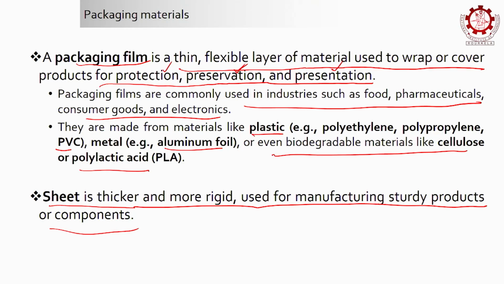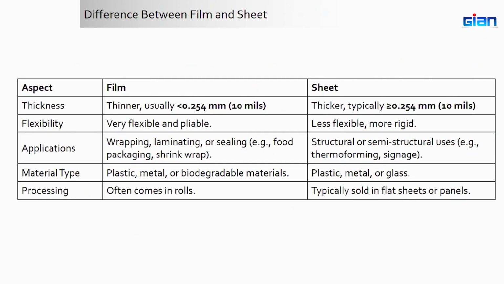So this is a packaging film and a sheet. What is the difference between film and sheet? A film is thin, flexible and pliable, used for wrapping, lamination, sealing, food packaging, shrink wrap, like vacuum packing. It can be plastic, metal such as aluminum foil, or biodegradable material.